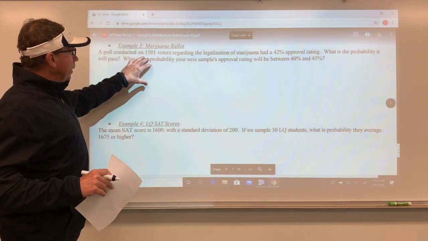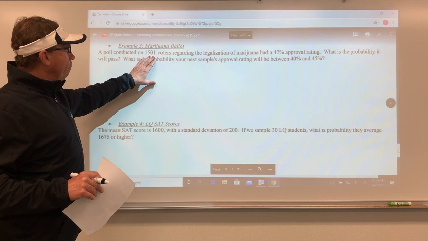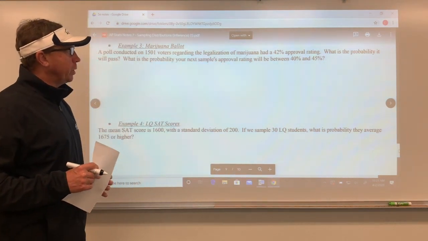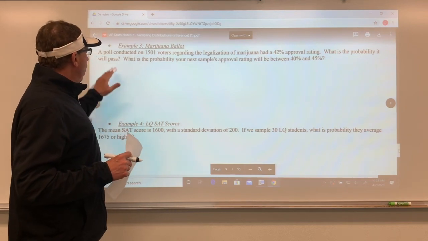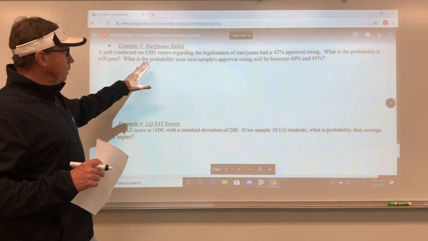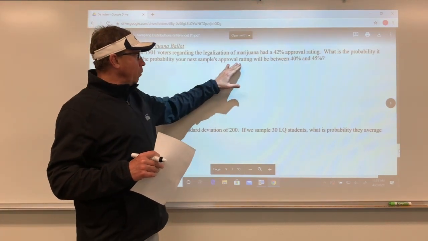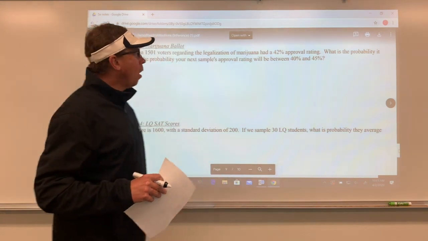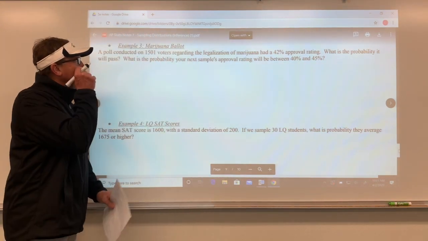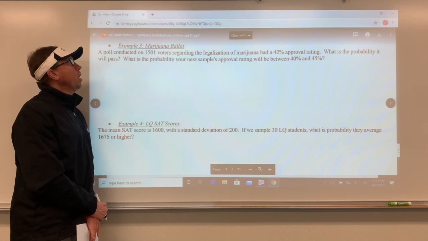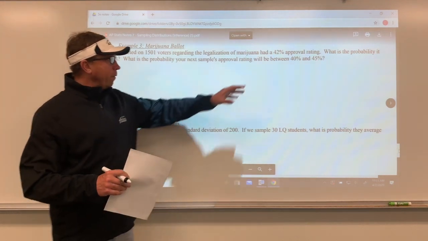A poll conducted on 1,501 voters regarding the legalization of marijuana had a 42% approval rating. What is the probability it will pass? That's one question. And what is the probability your next sample's approval rating will be between 40% and 45%? All right. So in the early days of the marijuana legislation in our culture, it was really not polling very well.